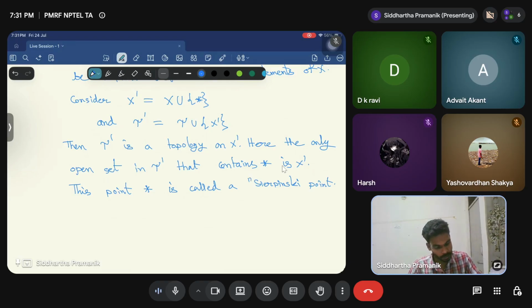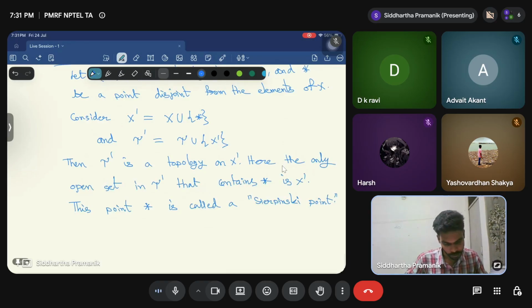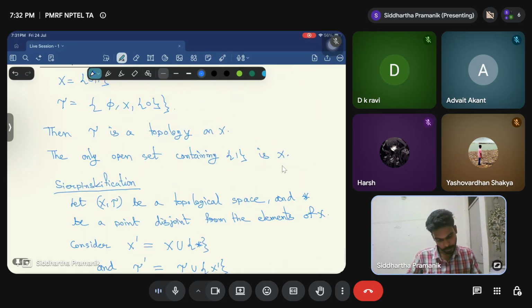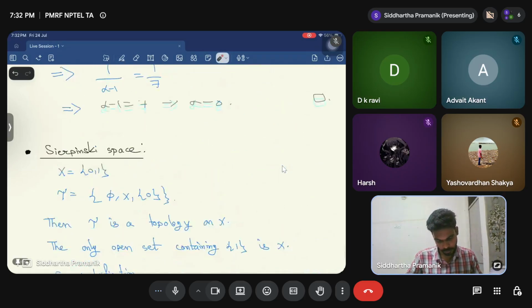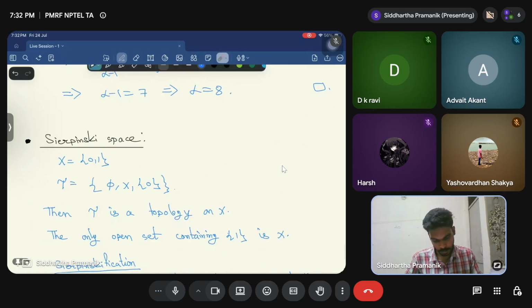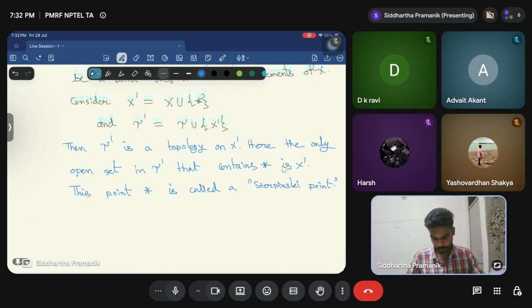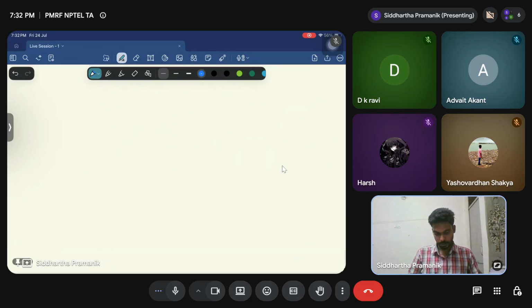So this is some terminology that I want to mention. This Sierpinskification might not be useful, but this example we might use later. Okay.